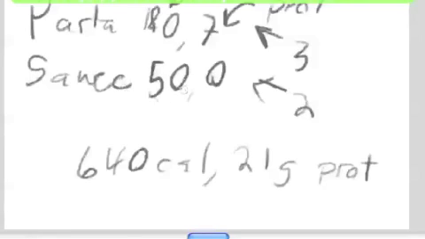Altogether that tells us that we're well on our way to our 2,000 calories. If we had this for lunch, we would have about a third of our total daily calorie intake and about a third of our daily protein intake, depending on who you ask.